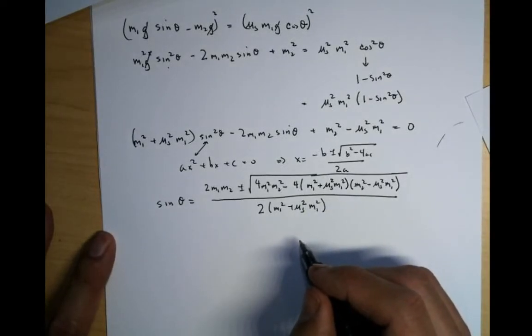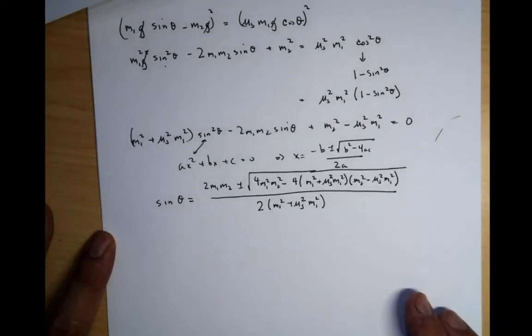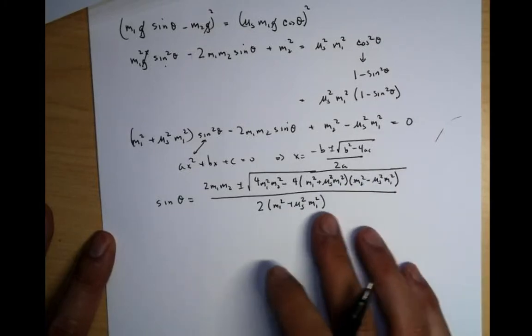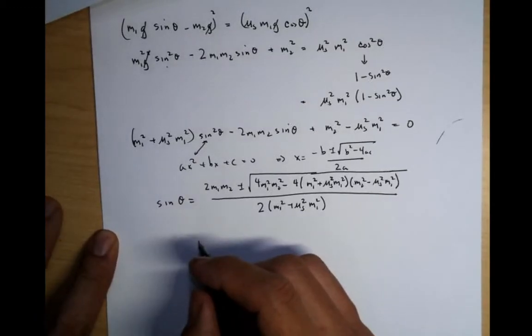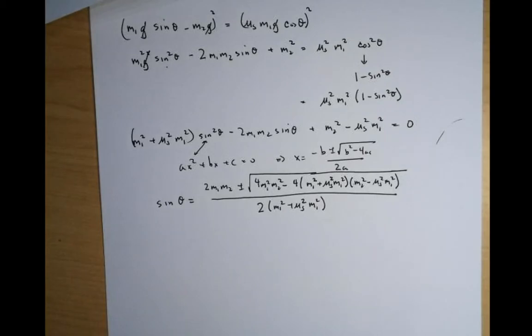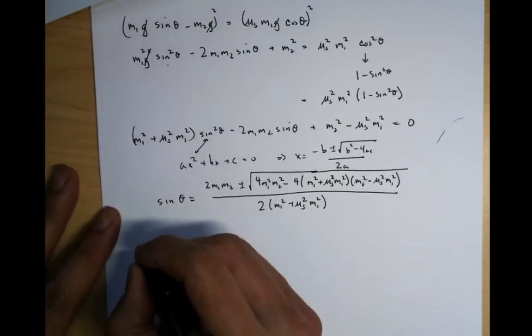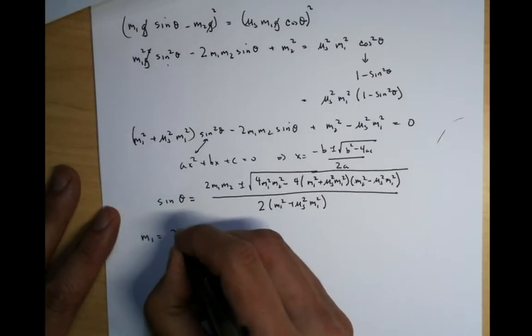So there's nothing we can really do to make it simpler. You have to be given values of M1 versus M2 and mu sub s in order to solve this, right? So let's try some values here. Let's try M1 equals 2 kilograms.